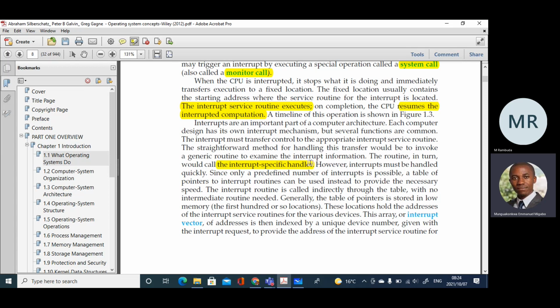However, interrupts must be handled quickly, of course. And you even experience this, I'm sure, when you're doing digital systems 3, that you don't want to do a lot of processing in the interrupt for many reasons, because that simply means you put the entire system at halt, and you might miss new interrupts.